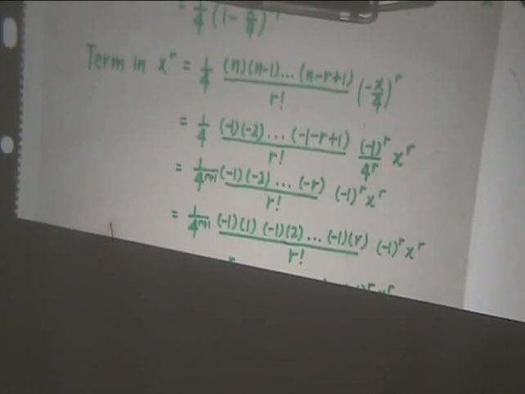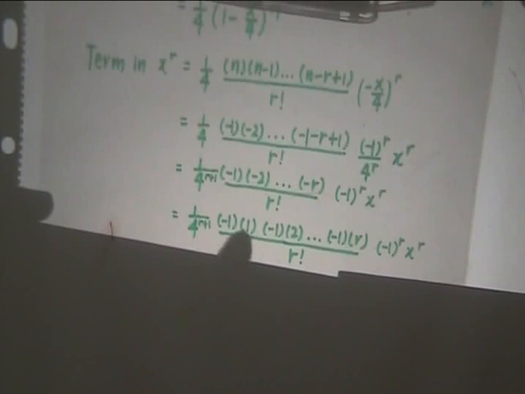You have 1, 2, 3, all the way to r. So I will actually have r times of minus 1, meaning minus 1 to the power of r. So this will give me 1 over 4 to the power of r plus 1 times minus 1 to the power of r. I will be left with all the 1, 2, 3s all the way to r over r factorial, and this side remains the same.